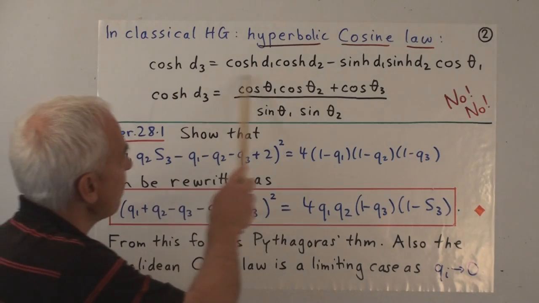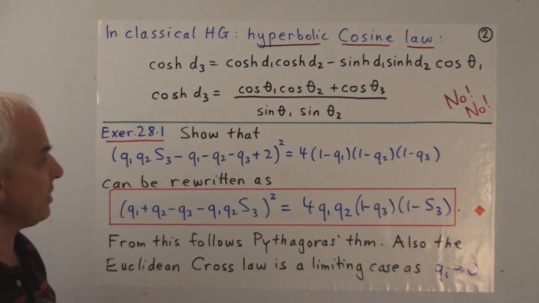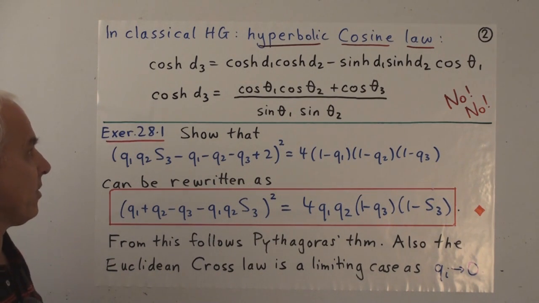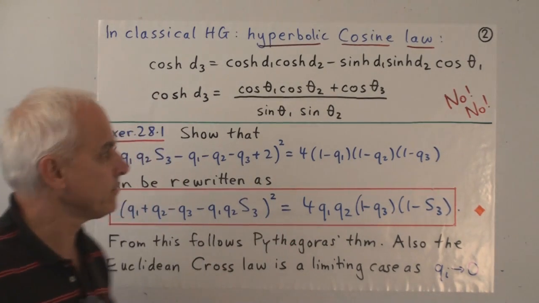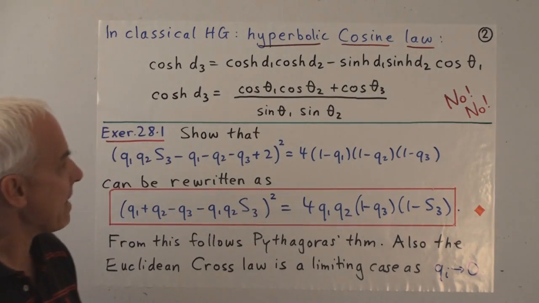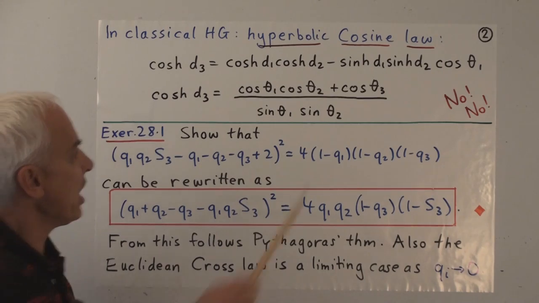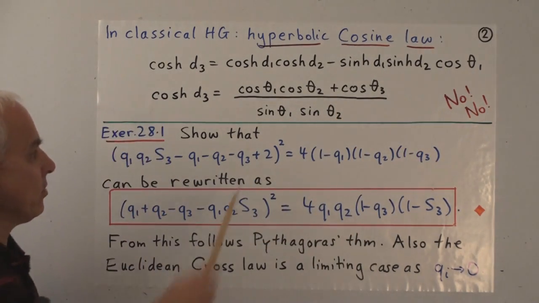So this is a law involving the three distances or lengths of a triangle, d1, d2, d3, and the three angles of the triangle, theta 1, theta 2, theta 3. Whatever those are. And it's a formula involving hyperbolic trigonometric functions, cosh, sinh, as well as the standard circular functions, cosine or sine.